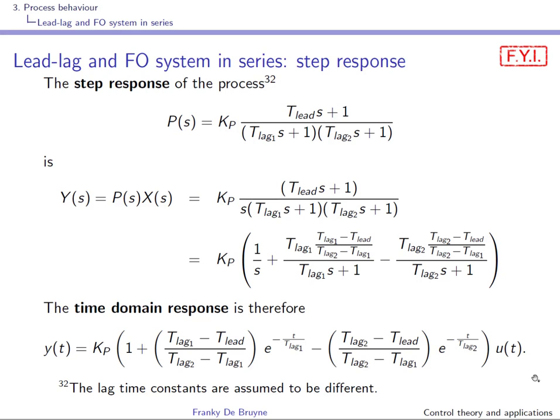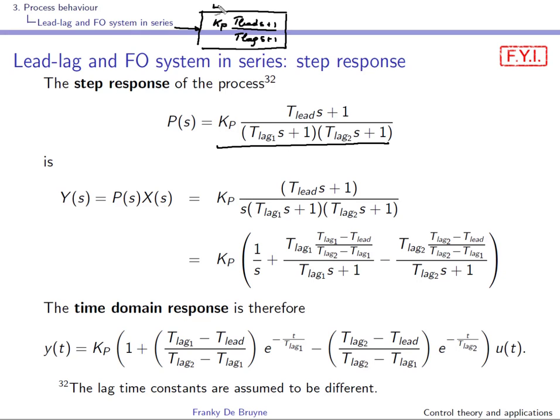What is very important if you study this system, and this is true both in the time domain and the frequency domain, is that you should consider this system as a process that is the succession of a lead lag system with lead time constant t lead and lag time constant t lag, right?